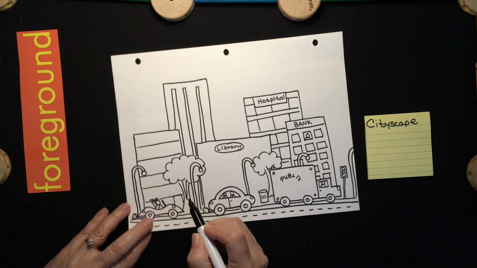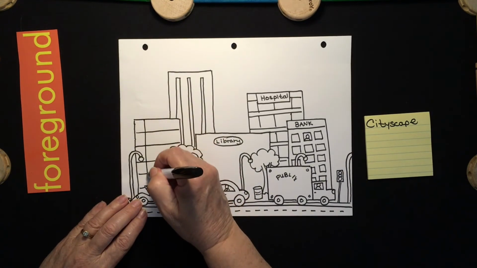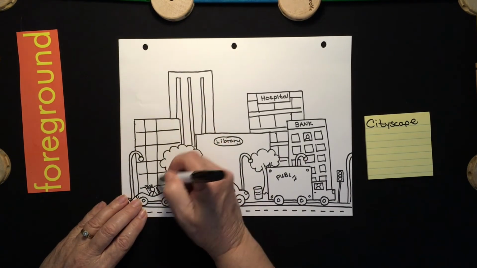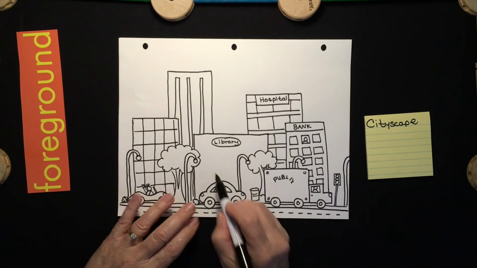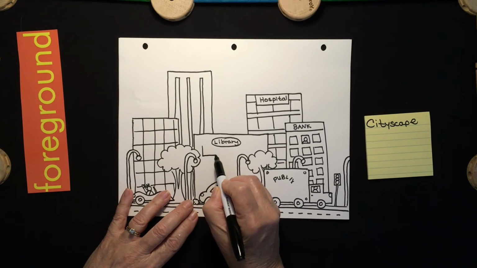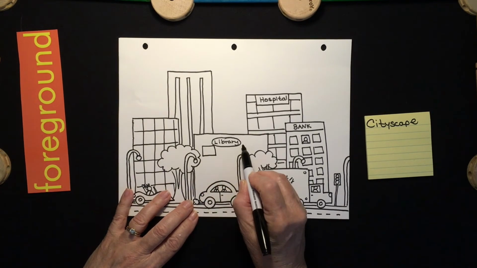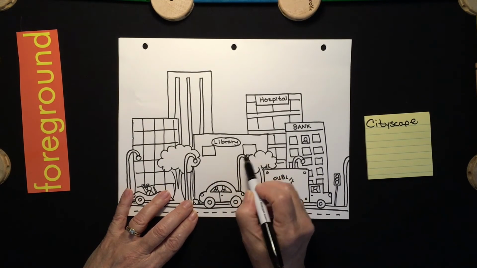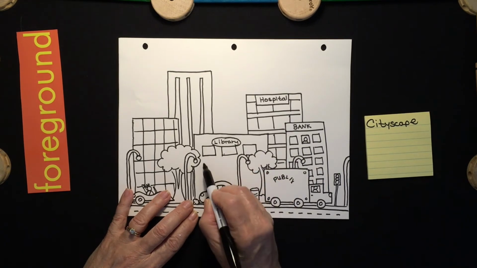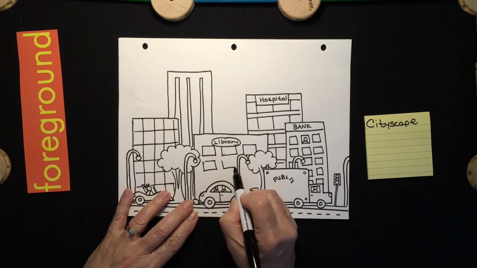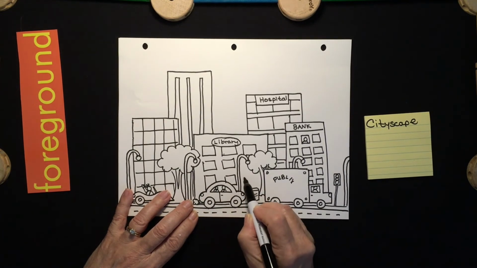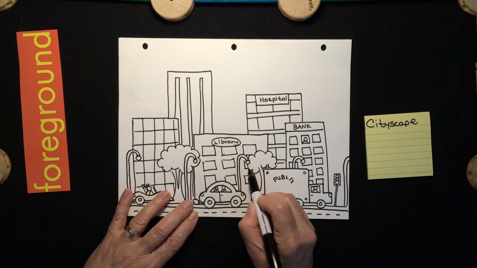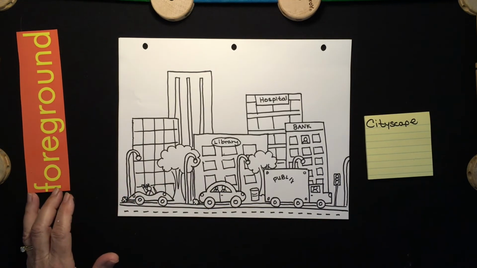Maybe there's the door. And lines that go down. There's my windows. Maybe this is the door. Oh, I need one here. Good. So now I have windows on all my buildings.